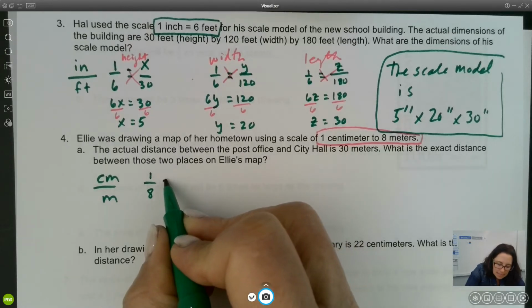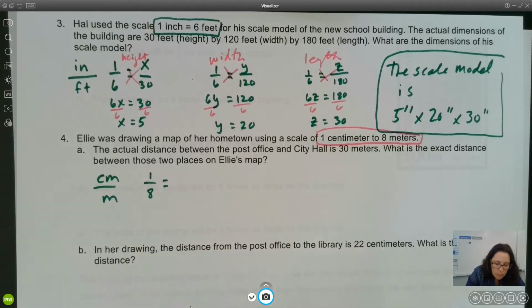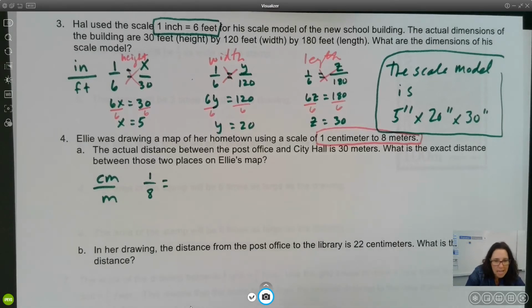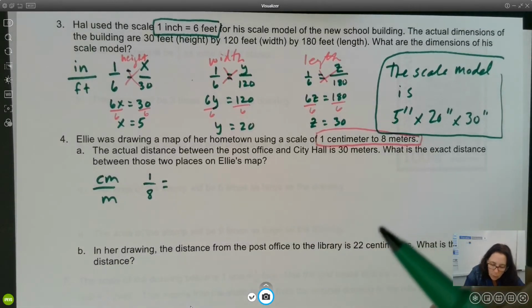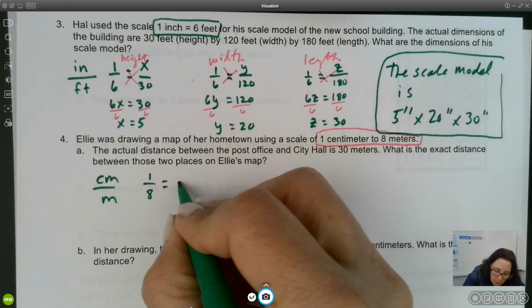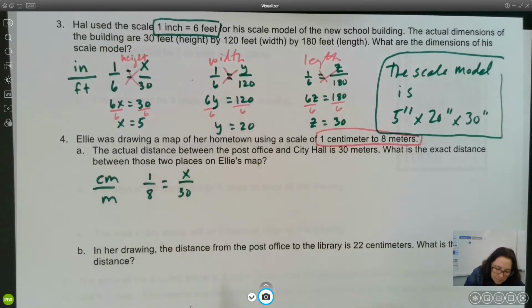And then that is equal to, okay, and we do not need the same units when we're finding these values of the map size versus the actual size, okay? The proportion kind of takes care of that relationship in itself. All right, we got 1 to 8 and then 30 meters, so we better put 30 on the bottom.